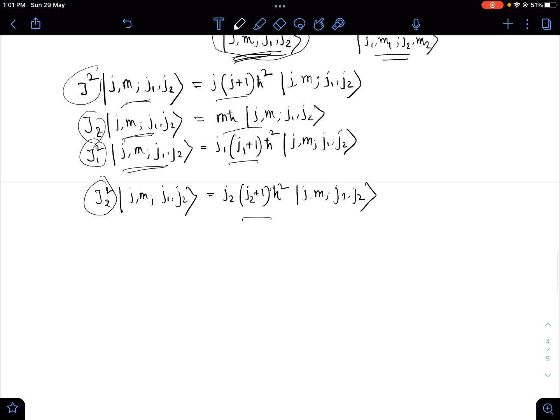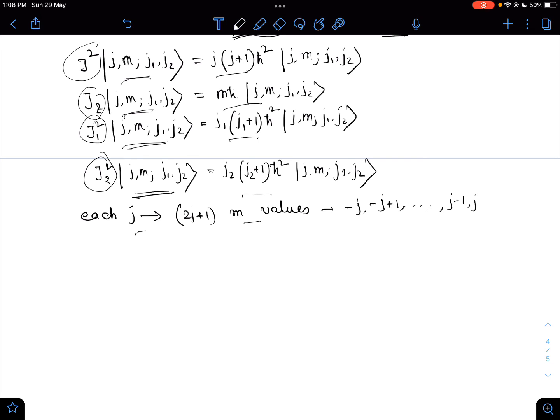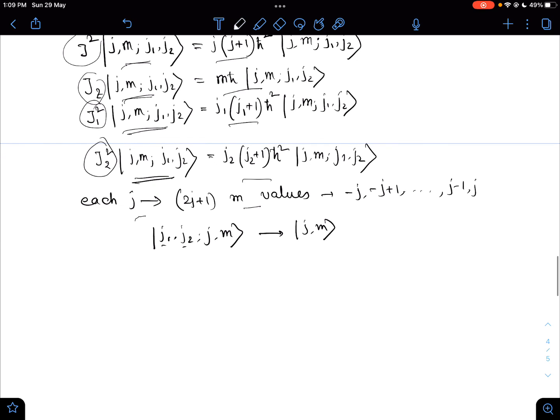So here, for each J, what will be the values of M? We have 2J+1 M values, from minus J to plus J. Here J1 and J2 are fixed, so since these are fixed, we can write this in short form notation as |J, M>.